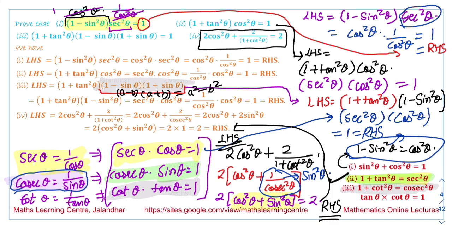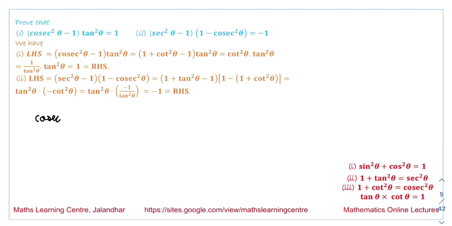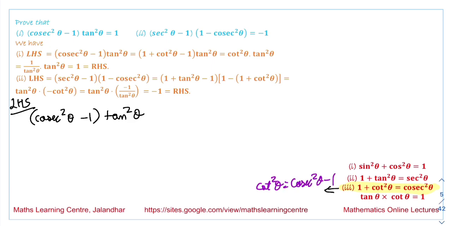Next we have to prove that cosecant square theta minus 1 into tan square theta is equal to 1. So we are considering the LHS part. Now if we look at this equation, we are talking about this third equation. If we shift this one on the other side, we get cot square theta is equal to cosecant square theta minus 1.